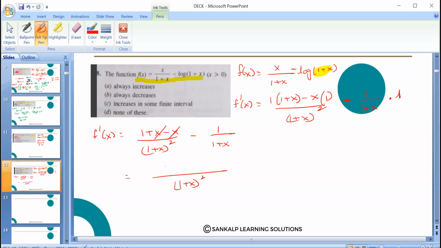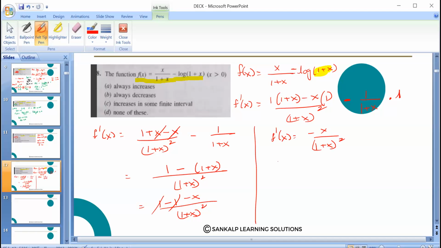Denominator is 1 plus x whole square. x and minus x will cancel. 1 minus (1 plus x), so 1 minus 1 minus x by 1 plus x whole square. 1 and minus 1 will cancel. So we have f dash x equal to minus x by 1 plus x whole square. Because x is greater than 0, minus x will be less than 0.